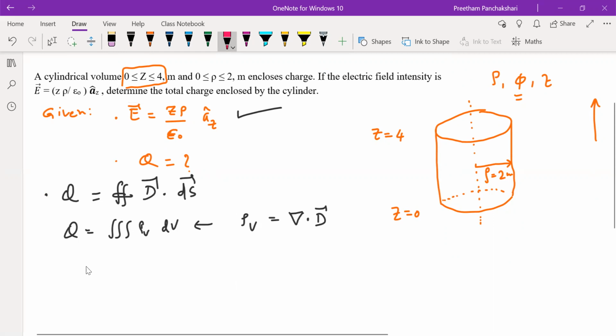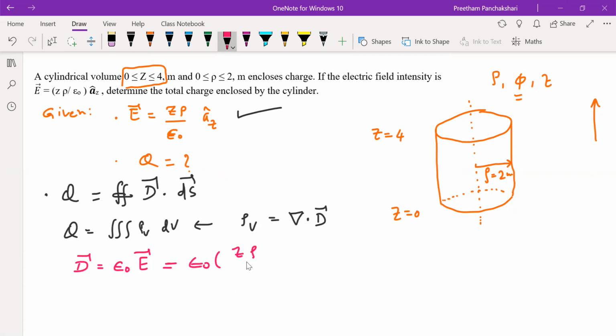So d is equal to epsilon naught into e. That is epsilon naught into z into rho divided by epsilon naught a cap z.